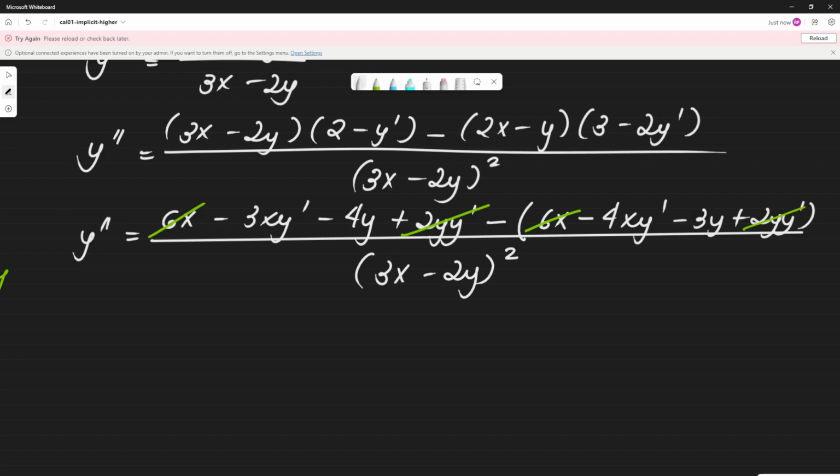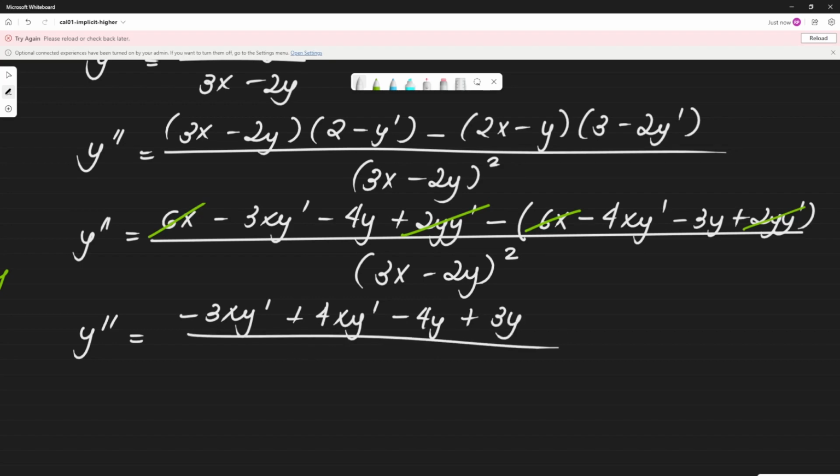So we will have therefore y double prime is equal to negative 3xy prime plus 4xy prime, then we have negative 4y plus 3y all over 3x minus 2y quantity squared.